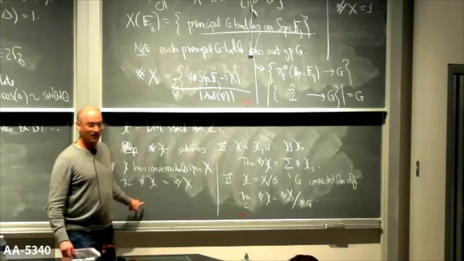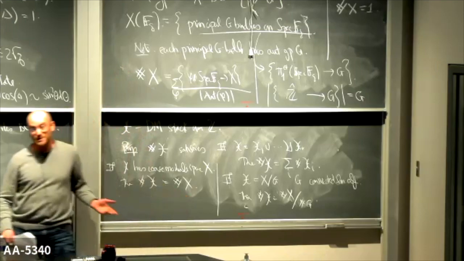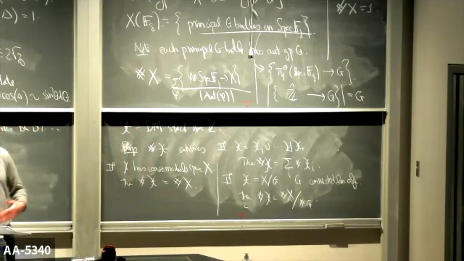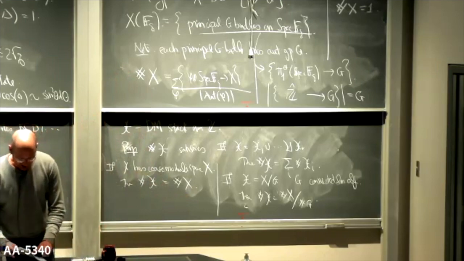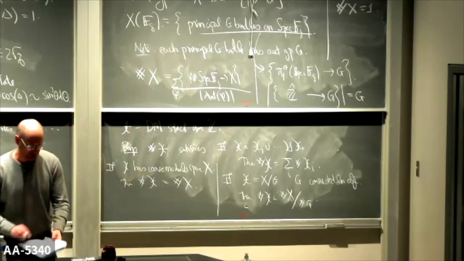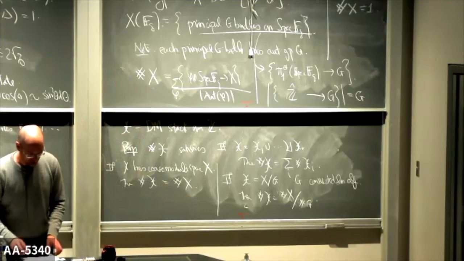But those point counts are equal to the point counts on the coarse moduli spaces, so they are integers. So these seemingly miraculous things where integers come out are not miracles. They are just part of the structure of the theory.